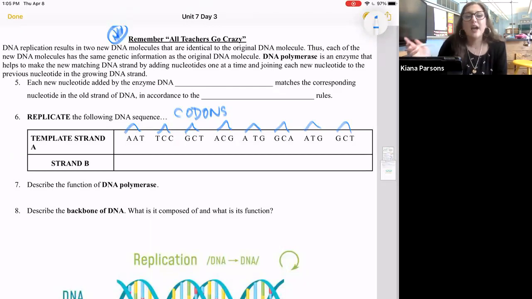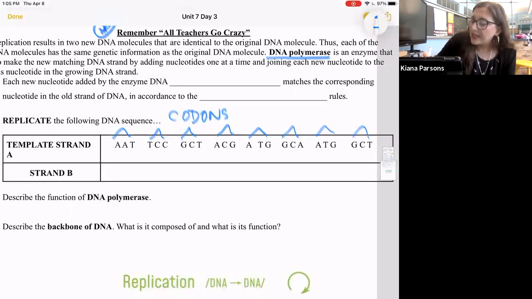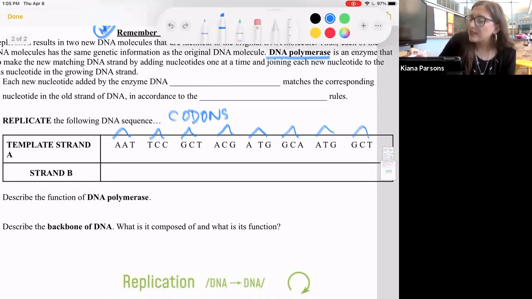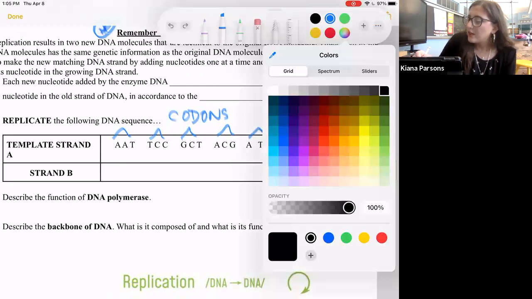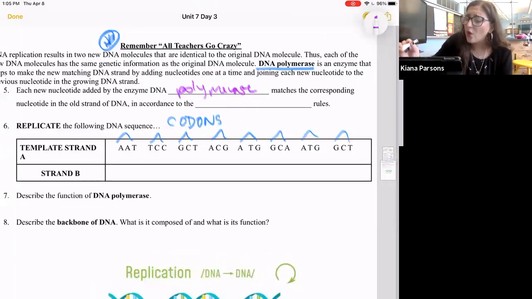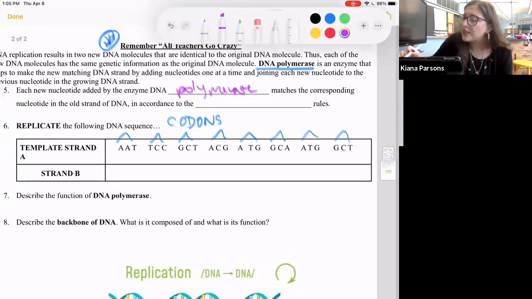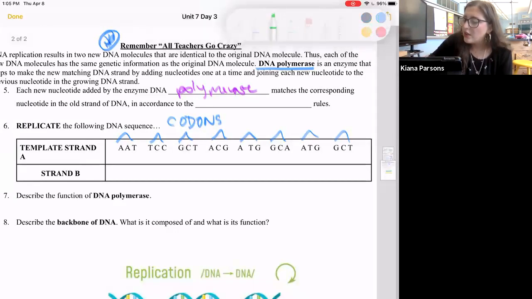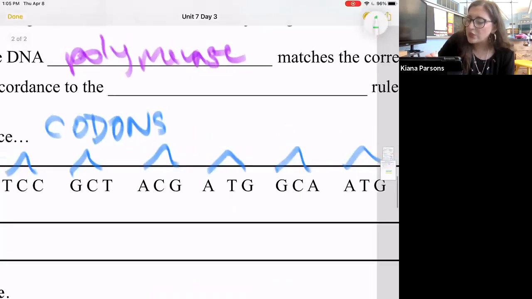So each one at a time according to the base pairing rule. Each new nucleotide added by the enzyme DNA polymerase, right here in the text, matches the corresponding nucleotide in the old strand of DNA in accordance to the base pairing rules.